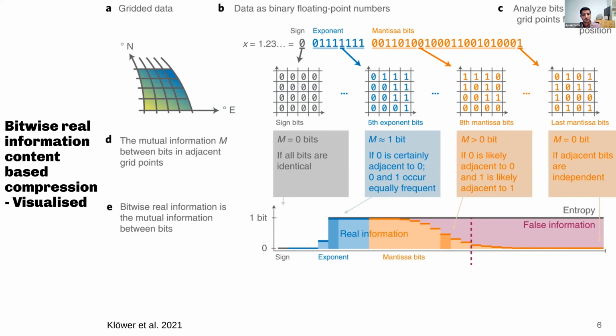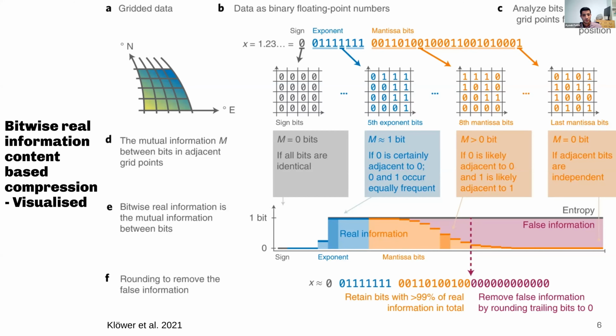We do that for the exponent bits and mantissa bits to identify the key bits, which are the significant bits that preserve 99% of real information or any other wanted percentage. Finally, we remove the false information bits by rounding them to 0, ensuring effective compression without substantial data loss.